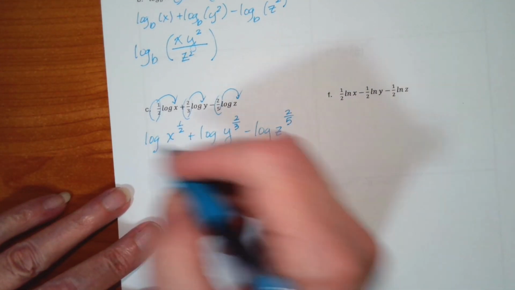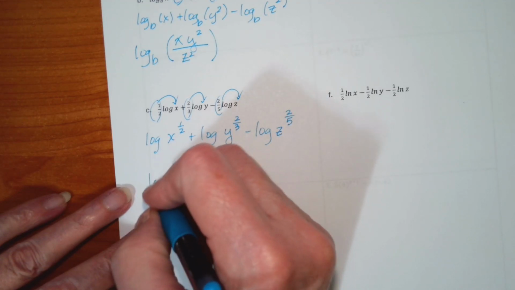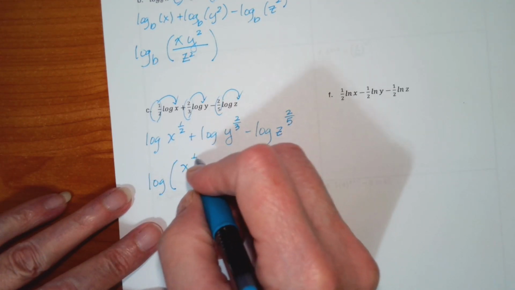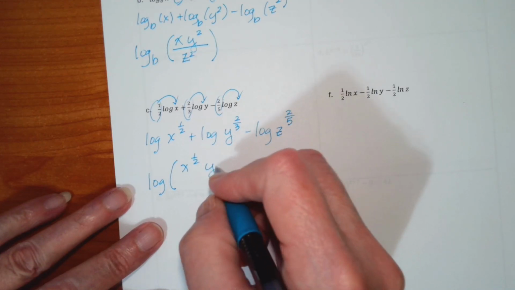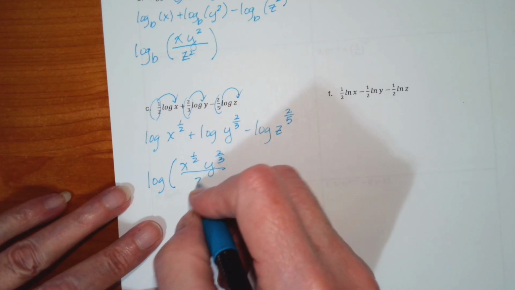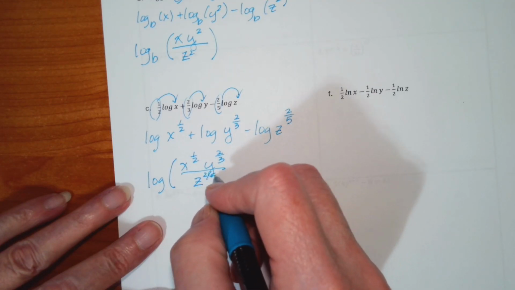Okay, so I can write the word log once. This is x to the 1/2, y to the 2/3, since both of those are positive, z to the 2/5 in the denominator.